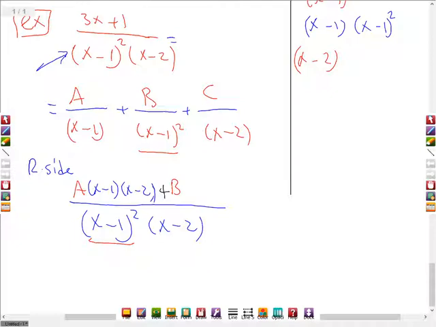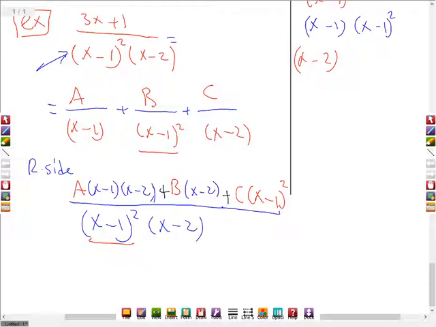Then we're missing x minus 2, so we need x minus 2 only. Left for me is this guy, which is the C. For C, I have only x minus 2, I need x minus 1 squared. I need C and x minus 1 squared.